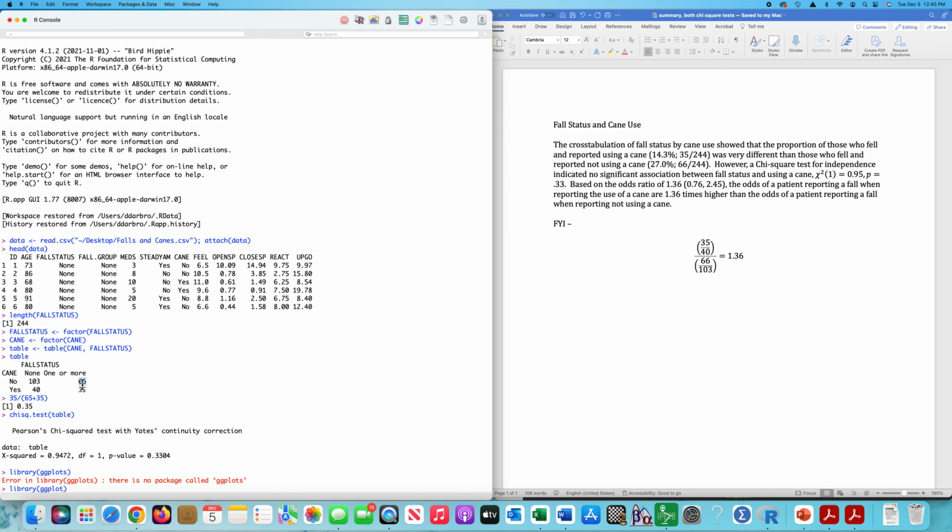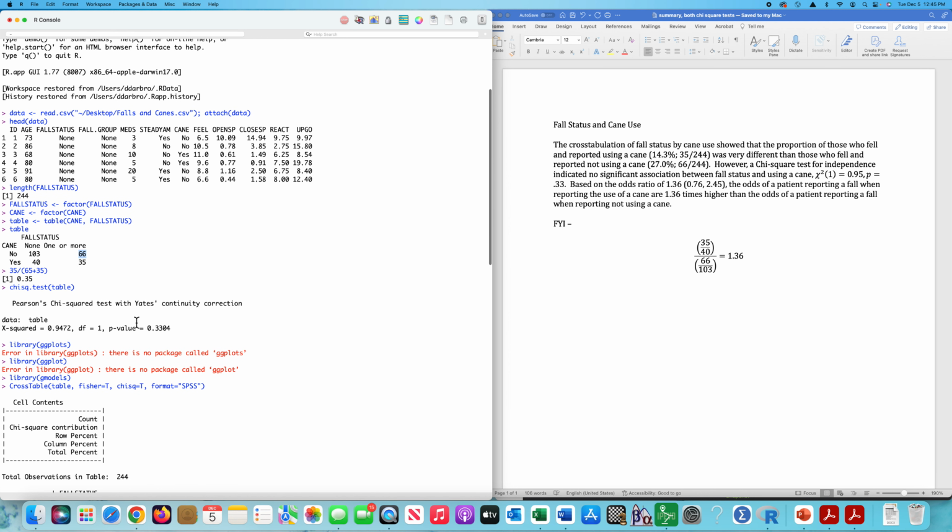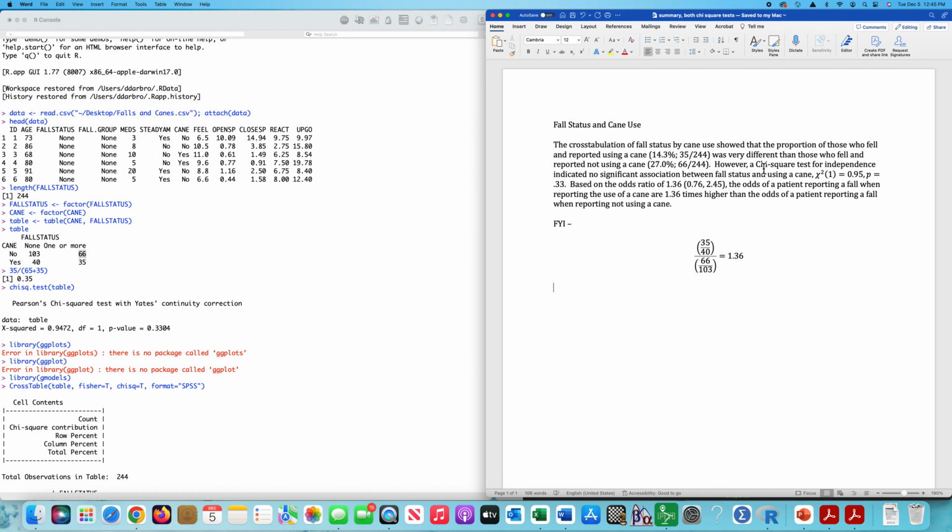So I'm going to run a chi-square test of independence, which I do right here. A chi-square test of independence using Yates continuity correction method indicated no significant association between fall status and using a cane.